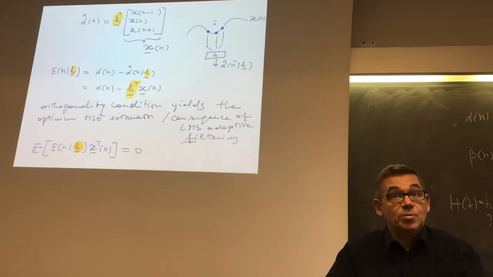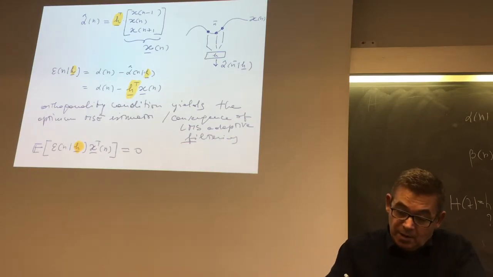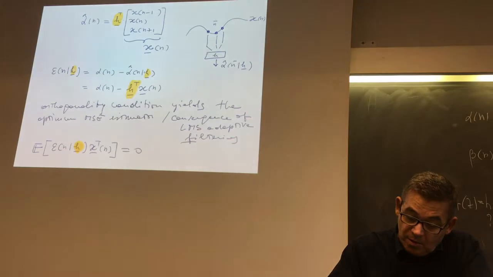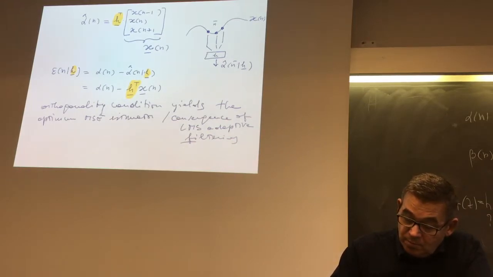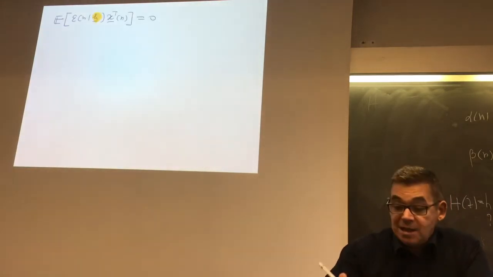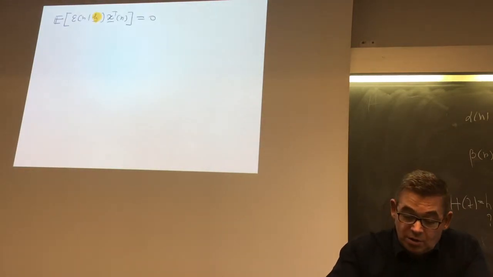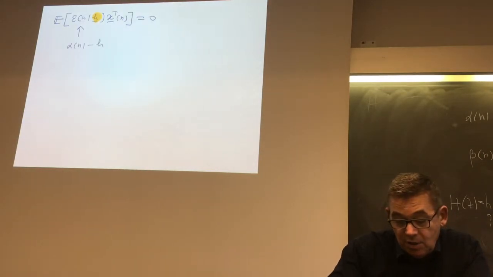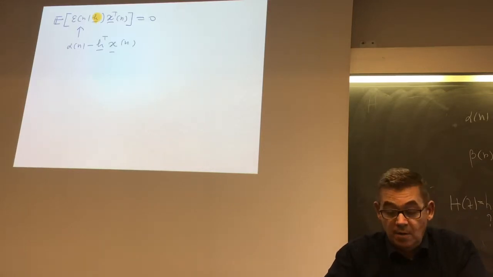Now, let's compute that. So now I take the orthogonality condition, and I expand the orthogonality condition. So this is alpha n minus h transpose xn. Okay?